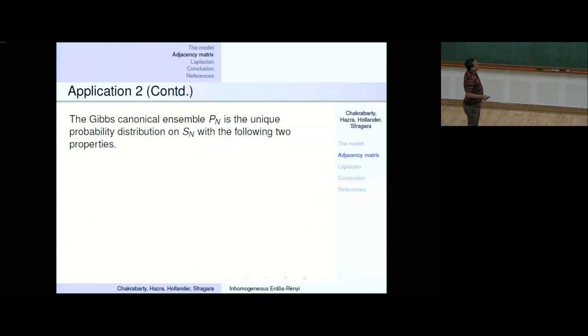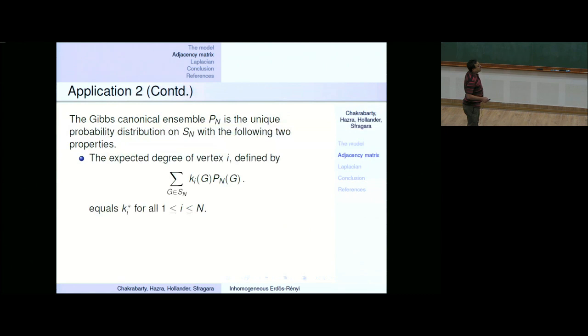So the Gibbs canonical ensemble is a unique probability measure on S_n with the following two properties. Look at the sum over all g in S_n of k_i(g) times P_n(g). This is nothing but, if you choose a graph according to the probability measure P_n, the expected degree of vertex i. The expected degree of vertex i should equal k_i star for all i in 1 to n.